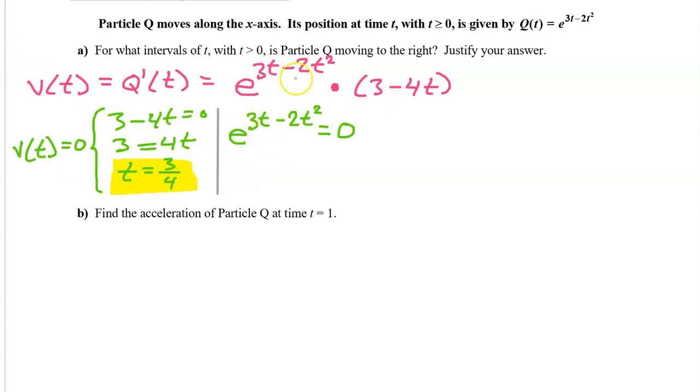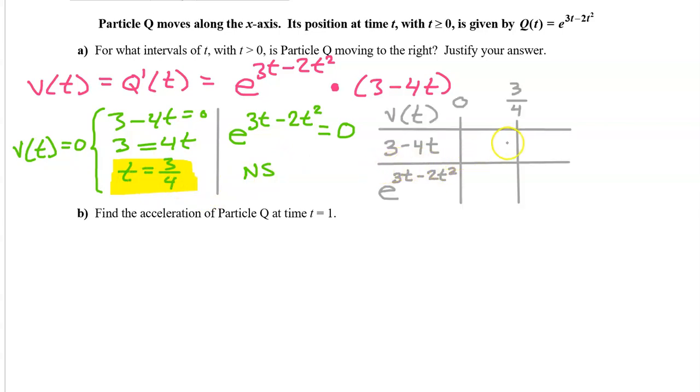We should also set the other factor equal to 0. However, there is no exponent that will turn e into 0. So this has no solution, and t equals 3/4 is our only critical value.